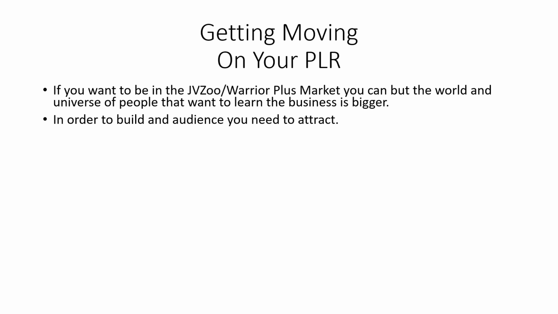Now, here's the thing. In order to build an audience, you've got to attract people, right? So that's what you and I are trying to do. We're trying to build an audience, but you got to attract the right people. When I say attract them, what I mean is that you want people to buy from you ultimately, that they resonate with you, that you get them, they sort of get you.